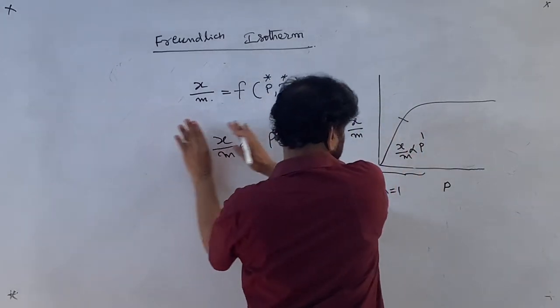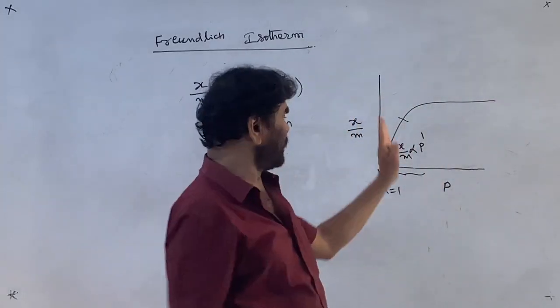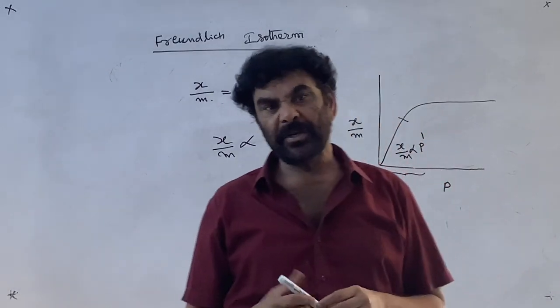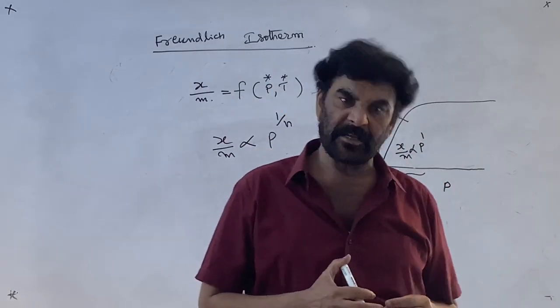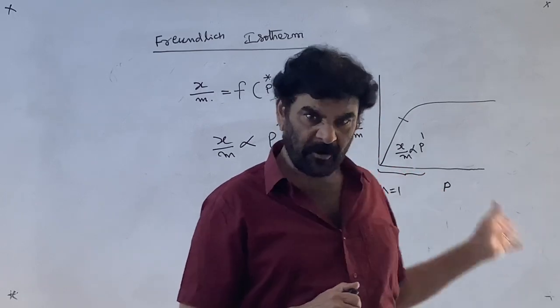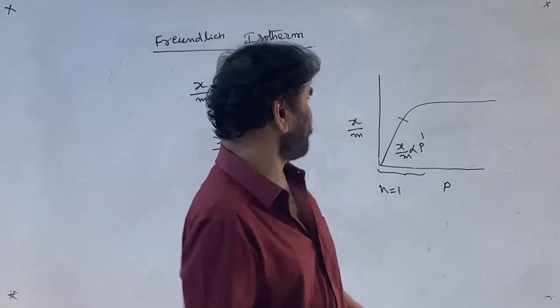So based on the curve, initially it is proportional to the pressure. That means as the pressure increases, the extent of the adsorption increases. On doubling the pressure under low pressure conditions, the extent of the adsorption also doubles.